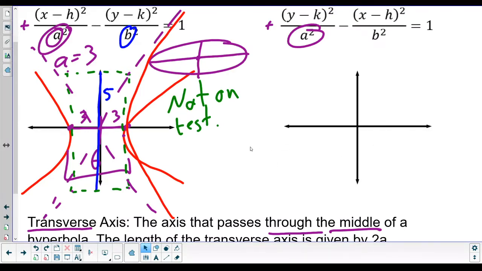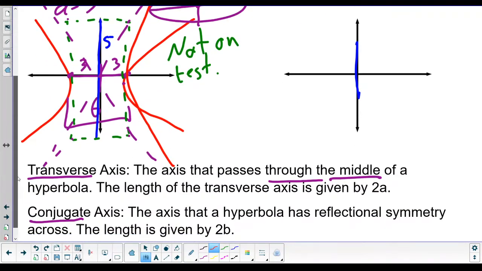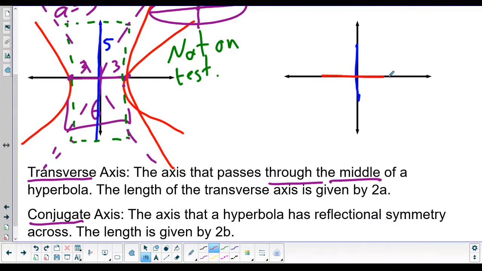All right, so the same thing applies here to a vertical hyperbola. We could have a transverse axis, and because the a is underneath the y, our transverse axis would be vertical this time, and our conjugate axis would be horizontal.